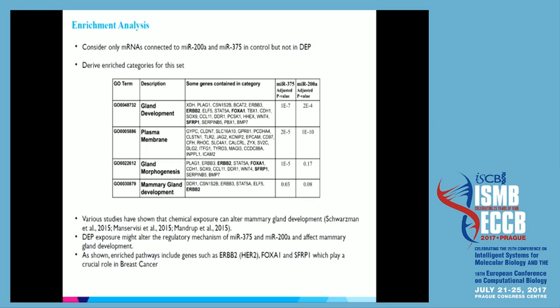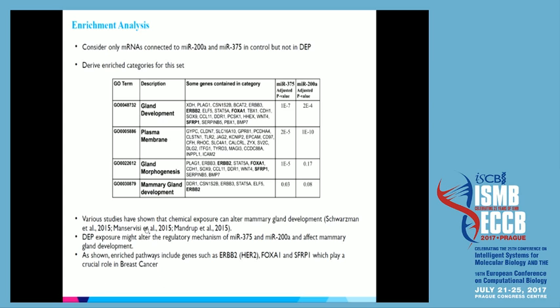For example, we did an enrichment analysis. We considered the messenger RNA connected to these microRNA in control, but not in DEP, not in chemical, and derived the enrichment categories, which contained gland development, gland morphogenesis, mammary gland development. The aim of the study was to assess if this chemical could affect mammary gland development.